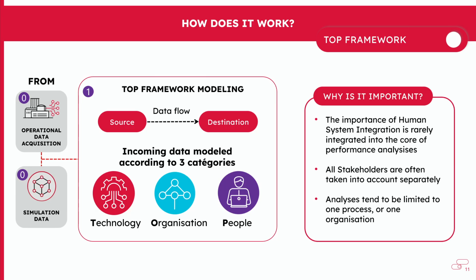What is the importance of integrating human systems into the core of this performance analysis? It is relevant to this industry. All the stakeholders are often taken into account, but separately. This framework allows us to really integrate all these dimensions.